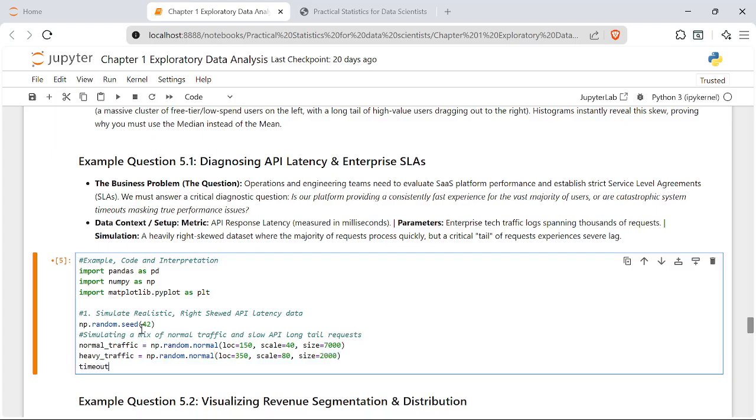Timeout spikes equals np.random.exponential, scale equals 600, size equals 1000.